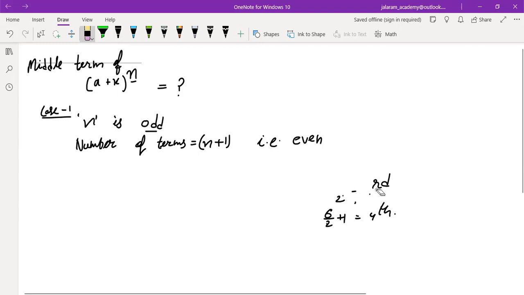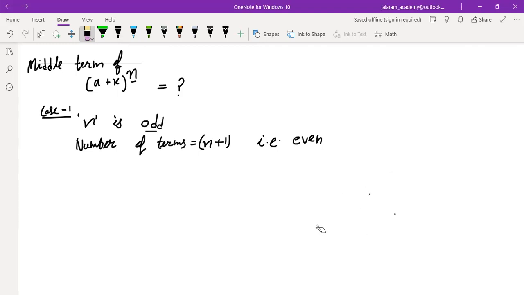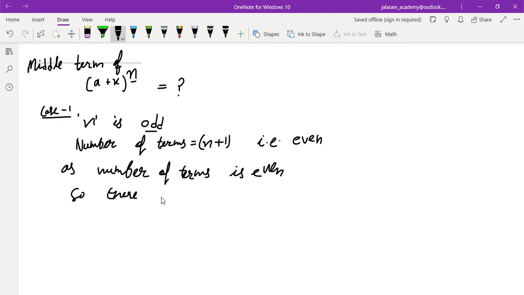So what will be the middle term if n is odd? If n is odd, it means n plus 1 is even, and if n plus 1 is even, as the number of terms is even, so there will be two middlemost terms.